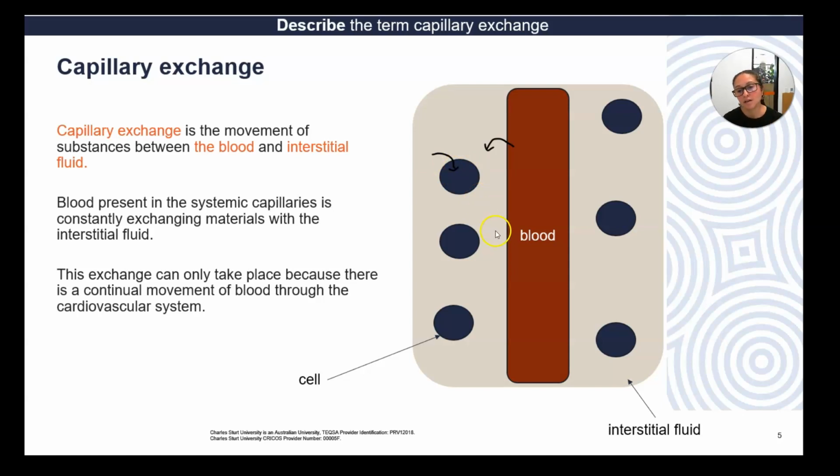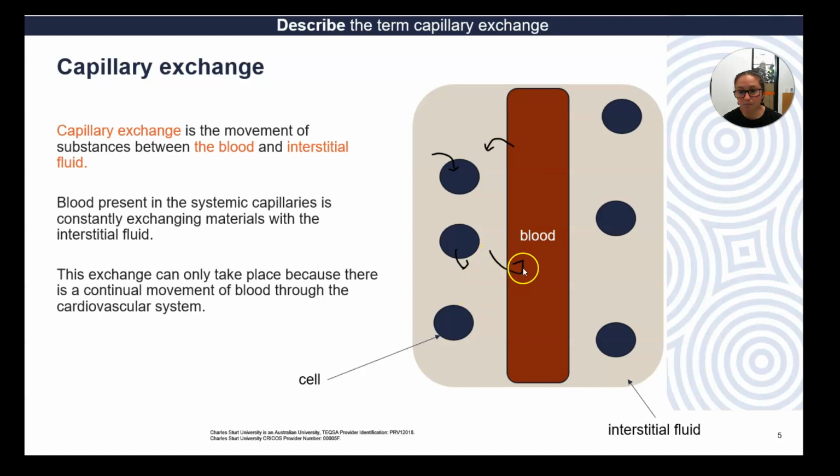So blood is always being pumped around. So that means there's always going to be this interchange between things moving from the blood into the interstitial fluid and then from the interstitial fluid back into our cell. Now things have to go the other way too. So cells deposit things back into the fluid, and then from the interstitial fluid things go back into the blood.